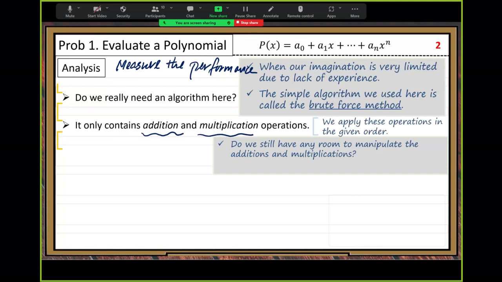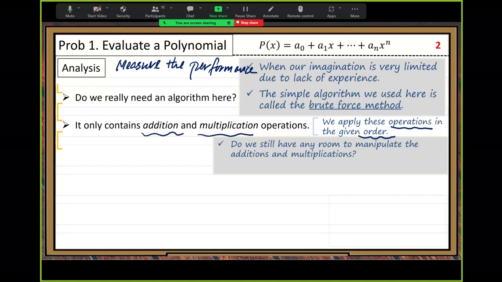All right. So next, the difference we want to make. Here we want to change something. The difference we want to make is we want to change the order of the operations. The order of these two types of operations, additions and multiplications.